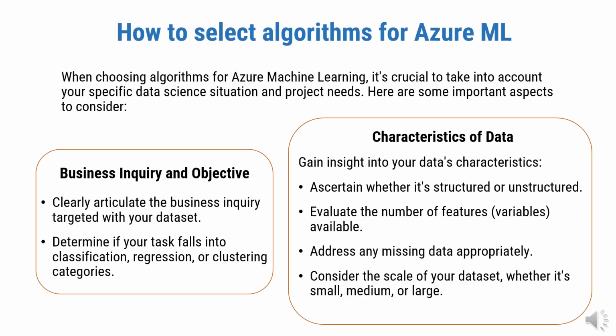How to select algorithms for Azure Machine Learning. When choosing algorithms for Azure Machine Learning, it's crucial to take into account your specific data science situation and project needs. Here are some important aspects to consider. Business inquiry and objective. Characteristics of data.